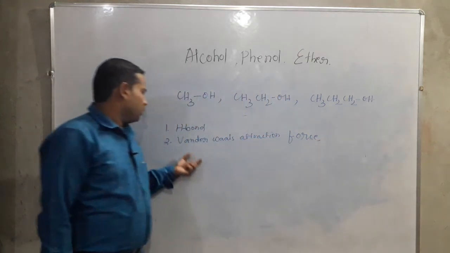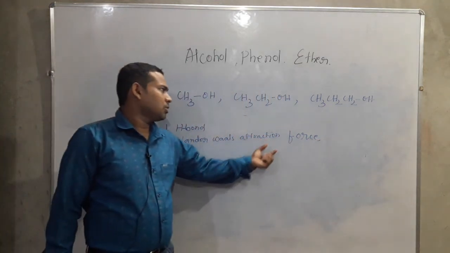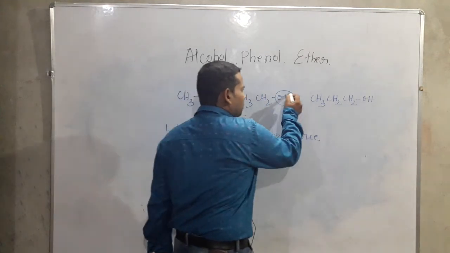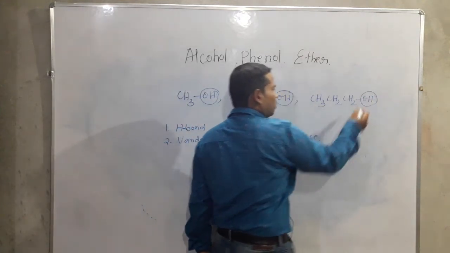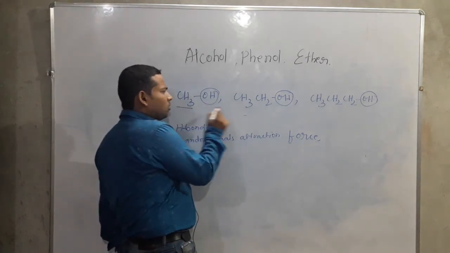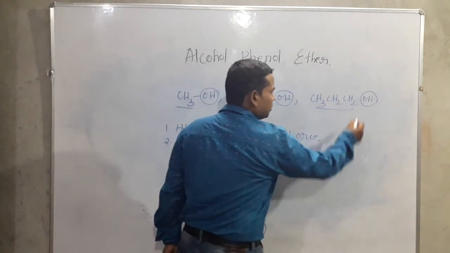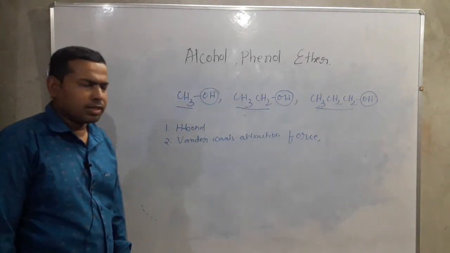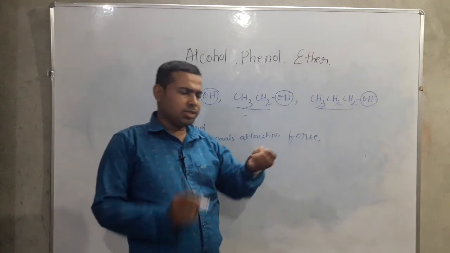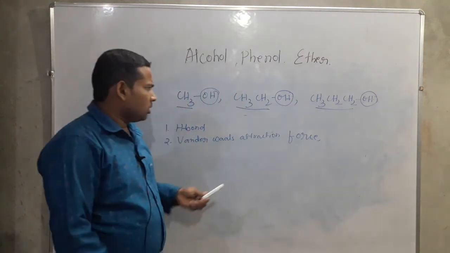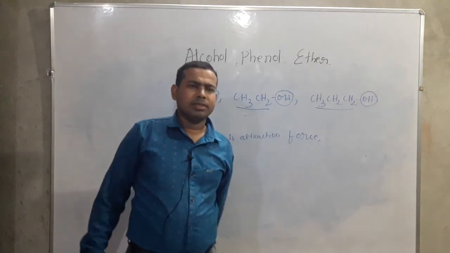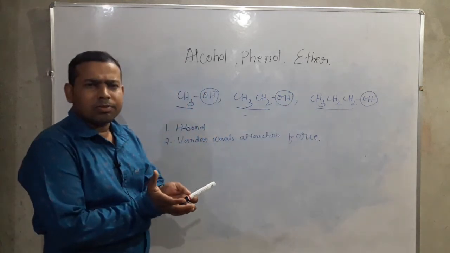All of these molecules contain the alcoholic group, so all of them have hydrogen bonding, but the alkyl group also disturbs this hydrogen bond. As the size of the alkyl group increases, it disturbs the hydrogen bond more. So propanol is severely affected by the large alkyl group.